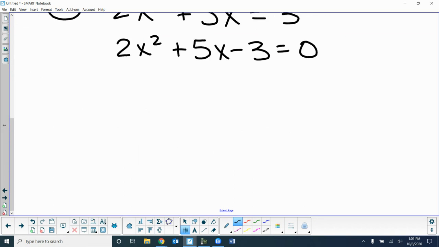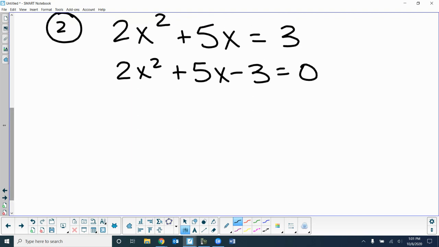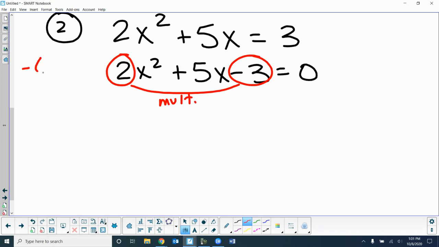Now, when A is 2 or bigger, what do we do with the 2 and the negative 3? Multiply, right? And we get negative 6. Then we do the same thing like we did with the negative 10. We find factors of negative 6.